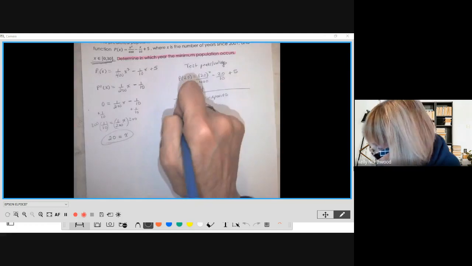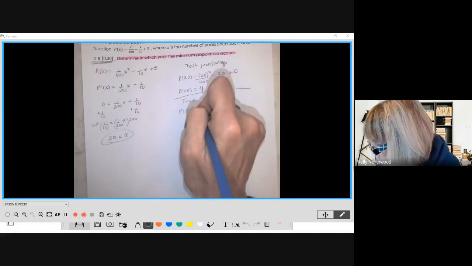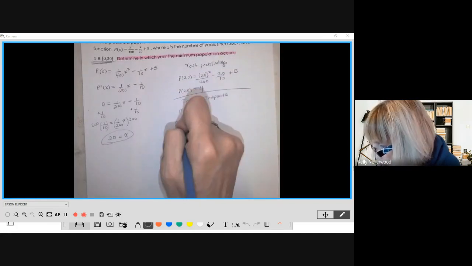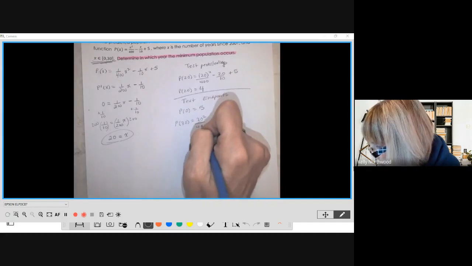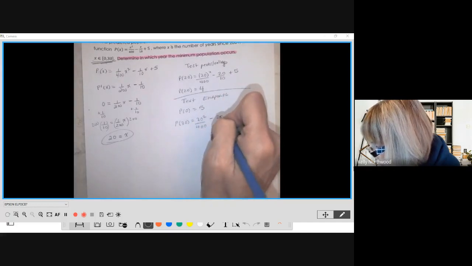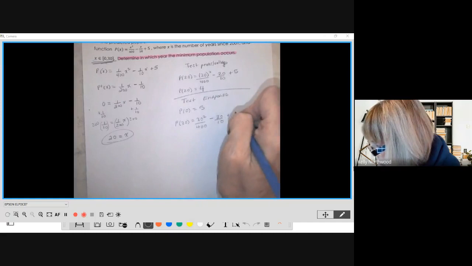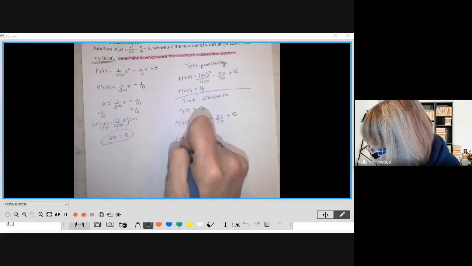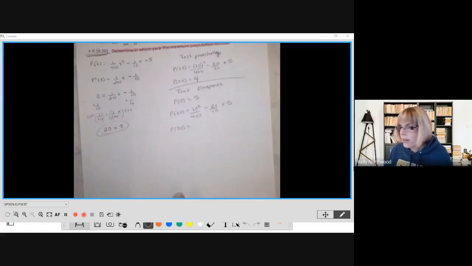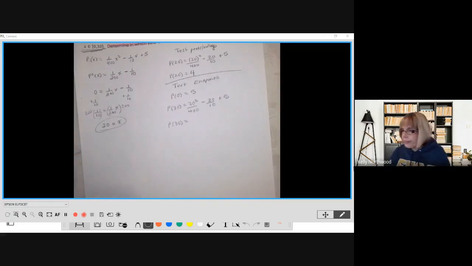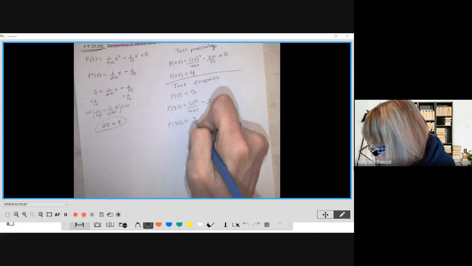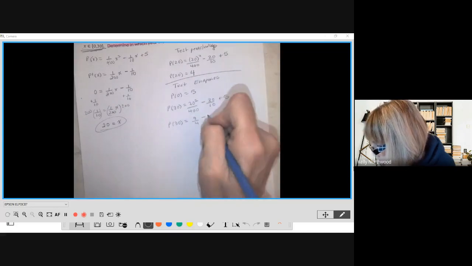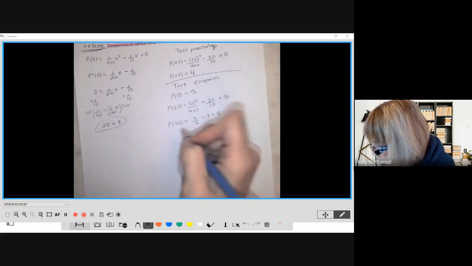So we're going to find P at 0, which is 5, and P at 30, so that's 900 over 400, or 9 over 4, minus 3 plus 5.